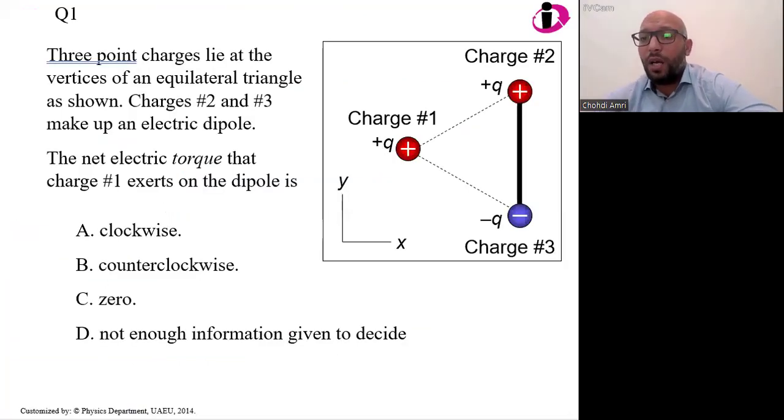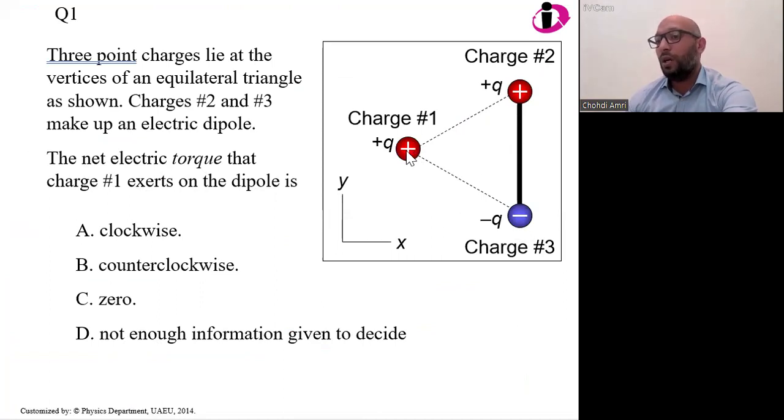Three point charges lie at the vertices of an equilateral triangle as shown. Charge 2 and charge 3 make up an electric dipole. The net electric torque that charge 1 exerts on the dipole is: clockwise, counterclockwise, 0, or not enough information to decide? When we talk about the torque, we have to think about the electric force.